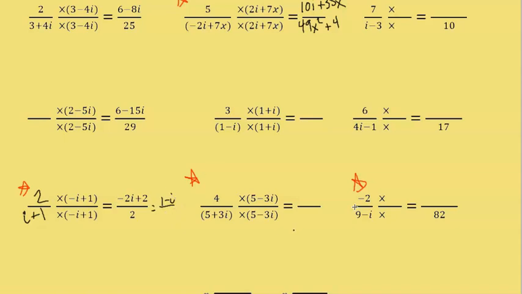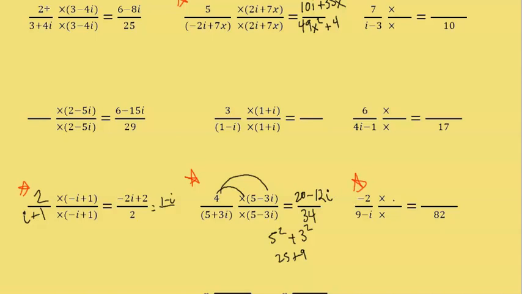And then if we look at this one, we have 5 squared plus 3 squared. That's 25 plus 9. That's 34. So we have 34 in the denominator, and then we distribute the 4 to each of those to get 20 minus 12I.